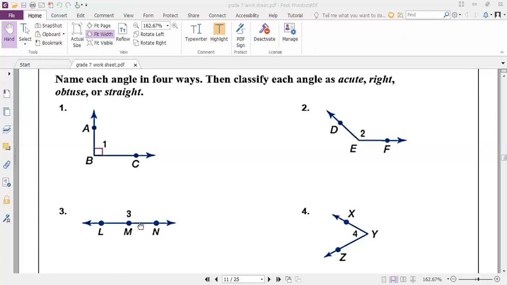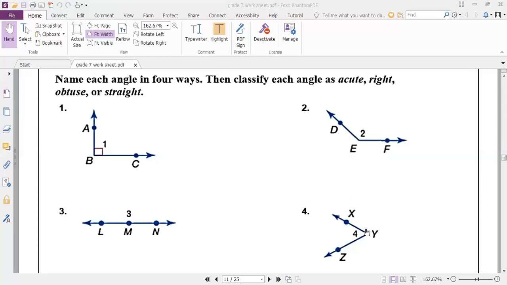So the measure of this whole angle is equal to 180 degrees.